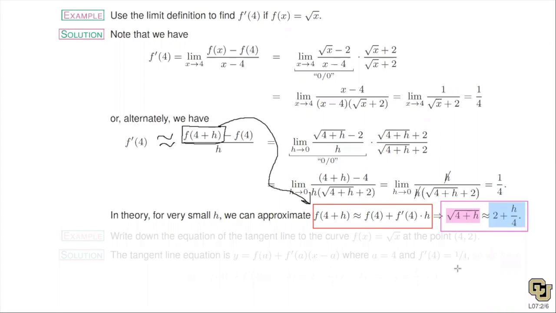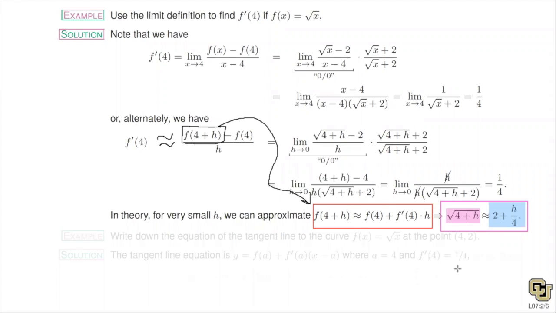With pencil and paper, we can do division or multiplication, and addition or subtraction. So using the derivative, I've come up with a formula that allows me to calculate square roots of numbers near 4 using addition, multiplication, division, subtraction. No other math, just four-function math.